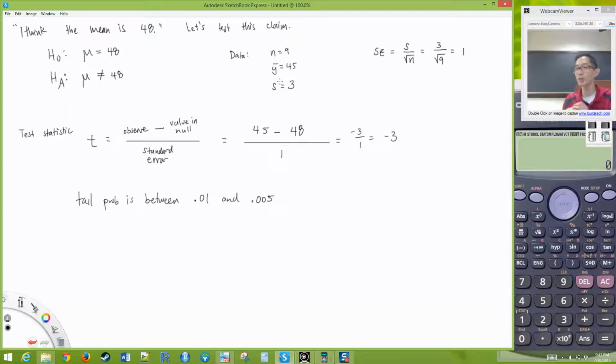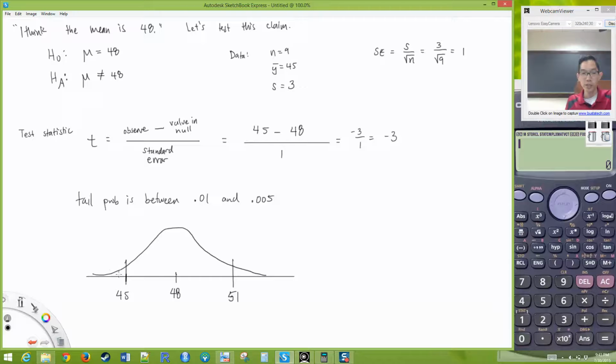So it's interesting to us if we got something smaller, and it's interesting to us if we got something larger. In certain cases, we're only interested on one side. But in this case, we're interested if it's too small or too big. And so the idea of being at something more extreme: we ended up down here at 45, but it would have also been interesting if we ended up here at 51.